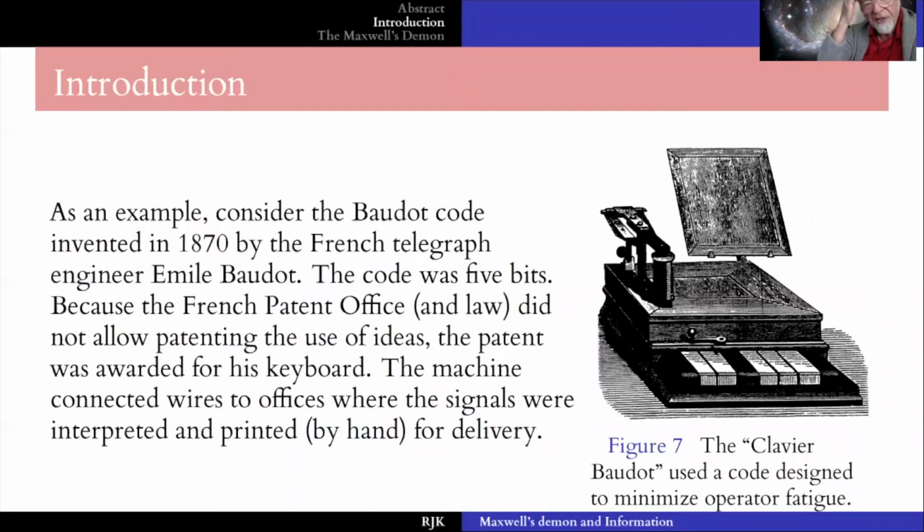The code was 5 bits. Because the French Patent Office and the patent law did not allow patenting the use of ideas, the patent was awarded for his keyboard called the Clavier Baudot.